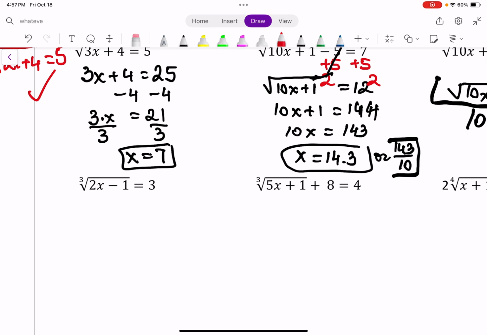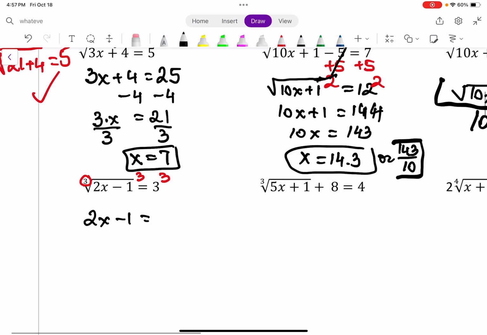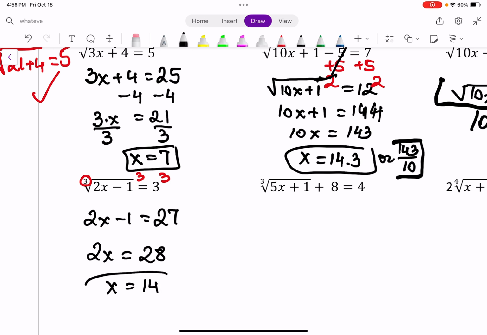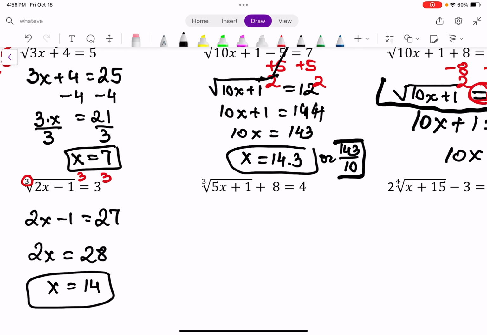Okay, so to get rid of a cube root, we will cube both sides. That's the opposite operation, or the inverse operation, I should say. So cubing a cube root makes it go away. And then once we get rid of this radical, we end up with a perfectly fine linear equation. Same thing here.